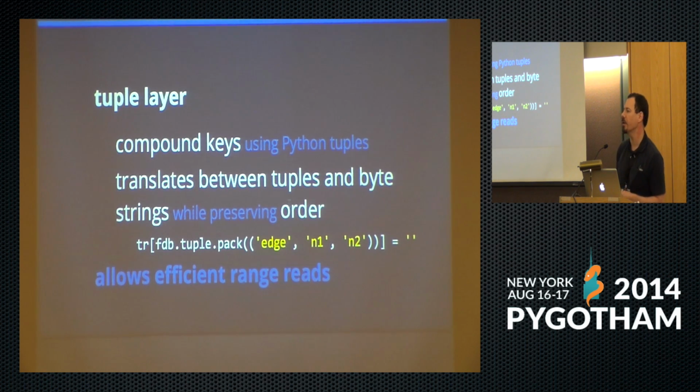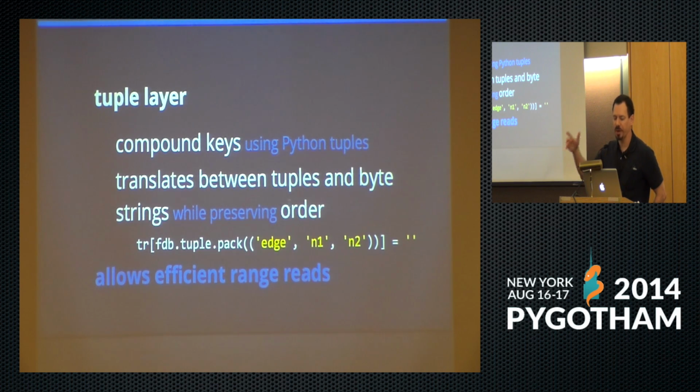So the tuple layer allows you to define compound keys using Python tuples. And the tuple layer has methods that automatically translate between the tuples and bytes. So here, for example, you may be working with graph data, and you want to define an edge from node 1 to node 2. This would be one possible way to do that. You're simply using strings here, and those all get packed into a byte string that becomes your key.